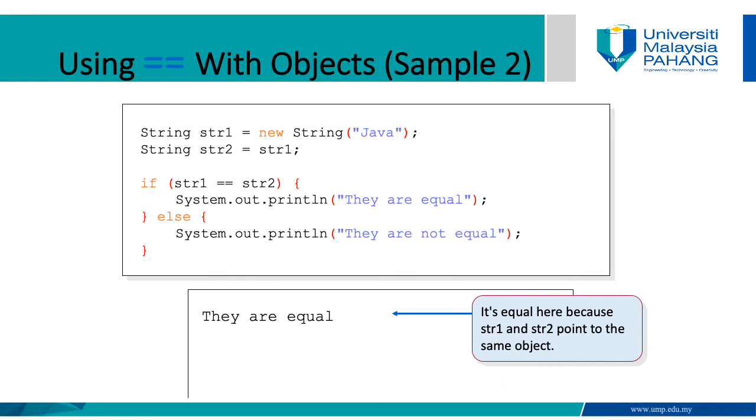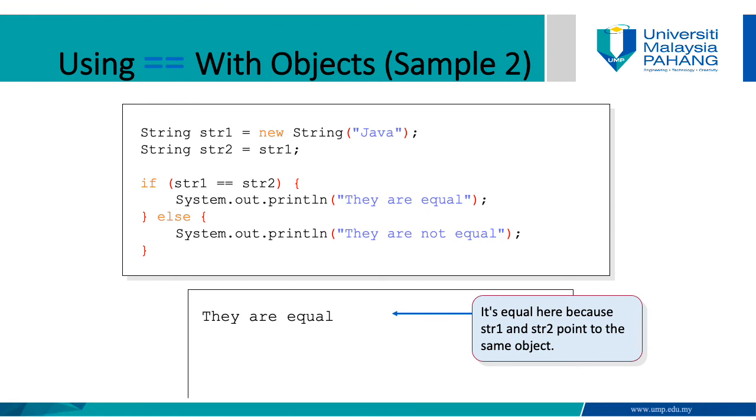second example. The second example is when we only define the first string, which is str1. Earlier, str1 and str2 were both assigned new String Java, but this one is only assigned to str1, which is Java.